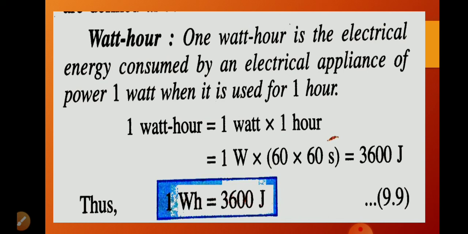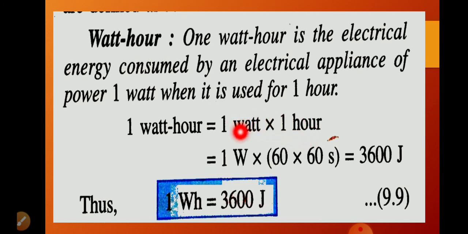If an electric device having a power of 1 watt is used for 1 hour, then that electric energy is said to be 1 watt hour. So 1 watt hour is equal to how many joule then? 1 watt hour means 1 watt into 1 hour, because electric energy is P into T.